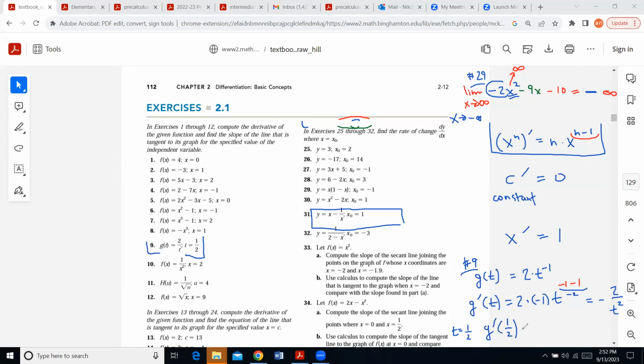In other words, just plug this number 1/2 into our fraction instead of t. So they tell me plug it in, so I plug it in. And let's see what we're going to get.